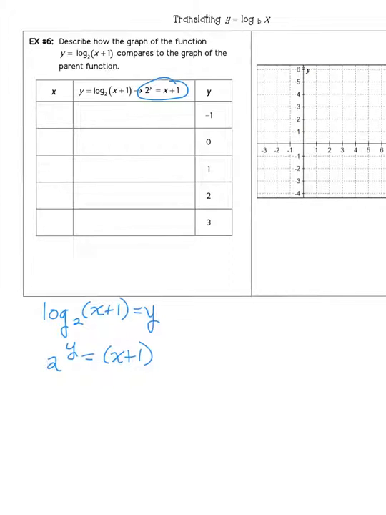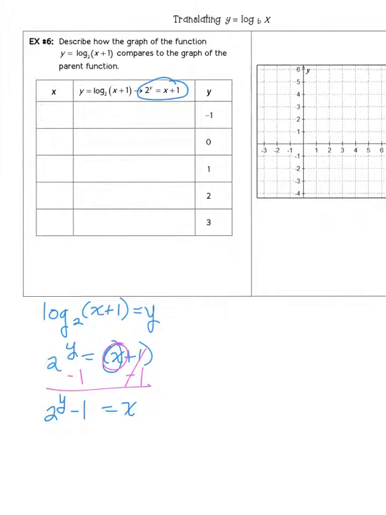So I do have to continue and go a little bit further, and I need to solve this equation for x. So I am going to subtract 1 from both sides, and I'm going to get 2 to the y minus 1 is equal to x. So that's what I would put up here.